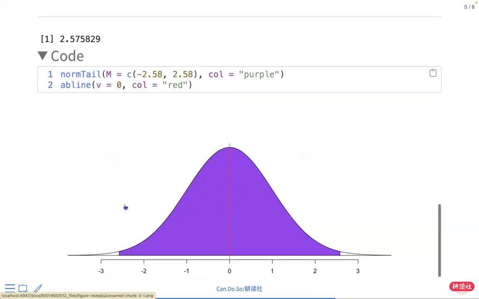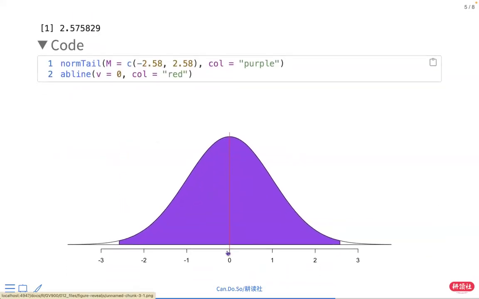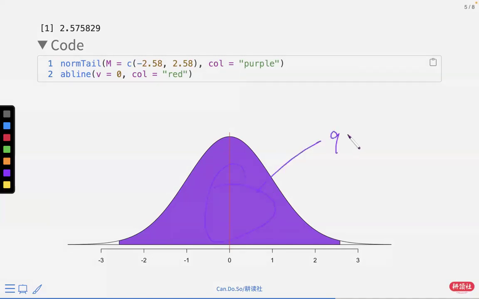In this case, it means that in the middle is 99%, and here is 1%, 0.5% and 0.5%.